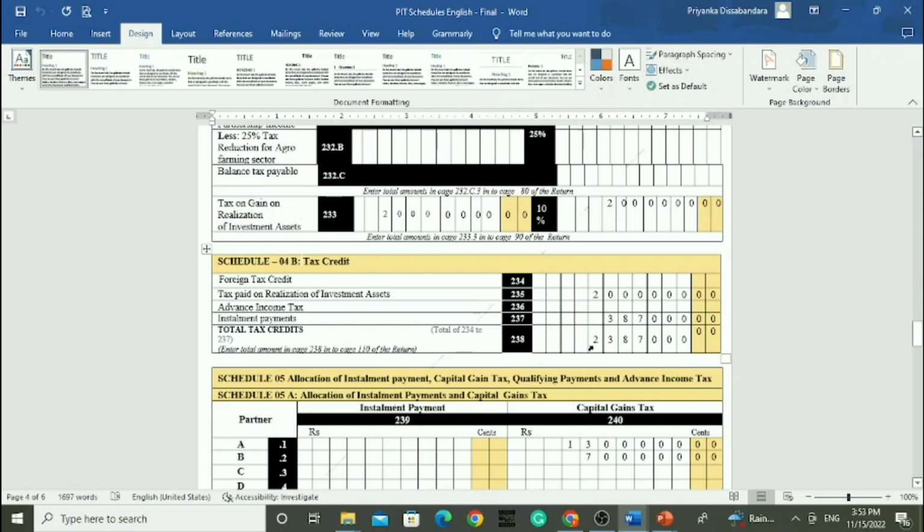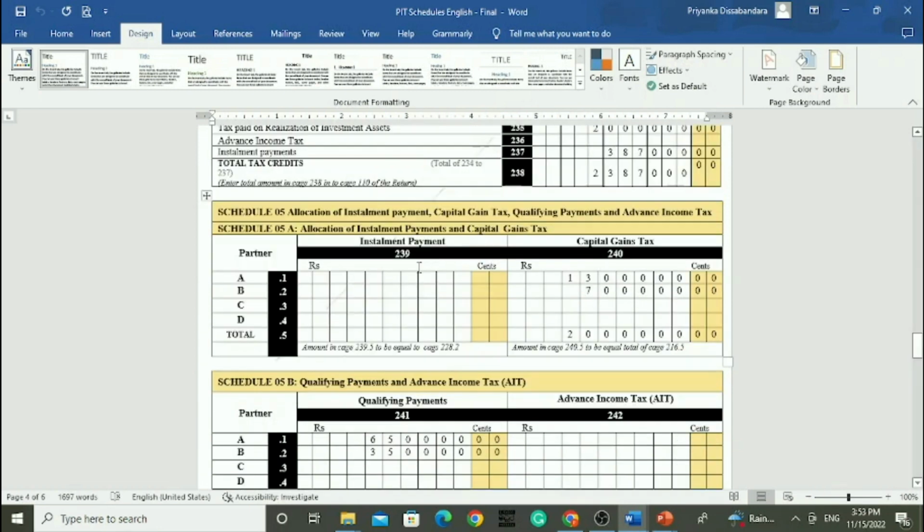Altogether, the partnership has paid 2,387,000. Schedule 5 is for allocation of installment payments, capital gain tax, qualifying payments and advance income tax. And Schedule 5A is to allocate installment payments and capital gains tax to the partners.